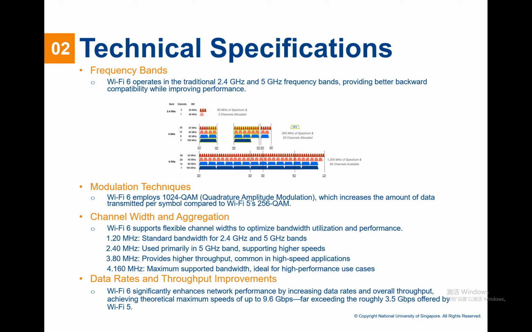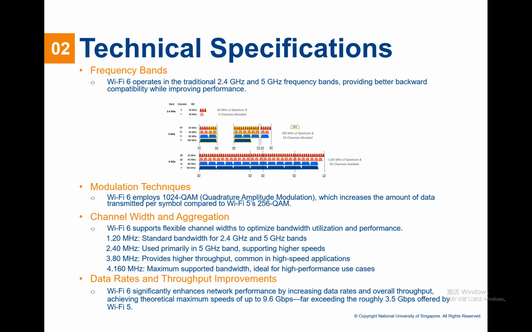For modulation techniques, Wi-Fi 6 employs 1024 QAM, which increases the amount of data transmitted per symbol compared to Wi-Fi 5's 256 QAM.